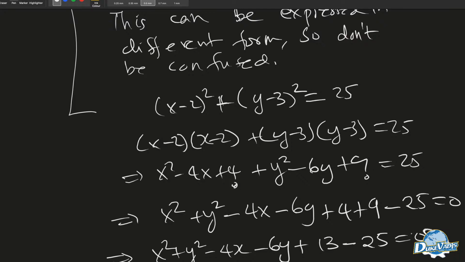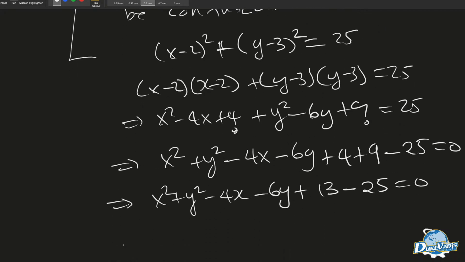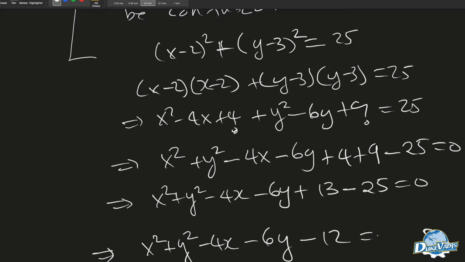So finally, the equation can now be written as x squared plus y squared minus 4x minus 6y minus 12 is equal to 0. This becomes the equation that we have expanded.